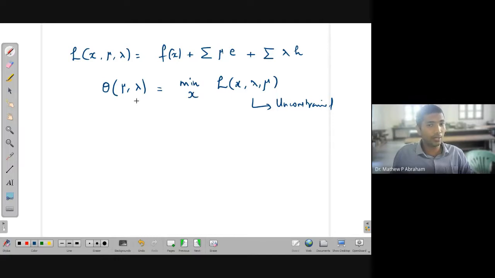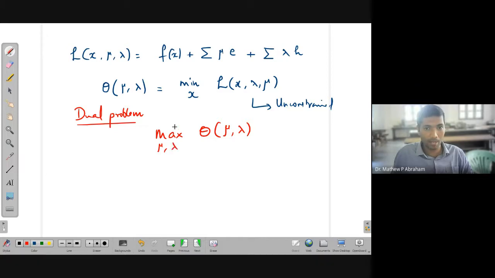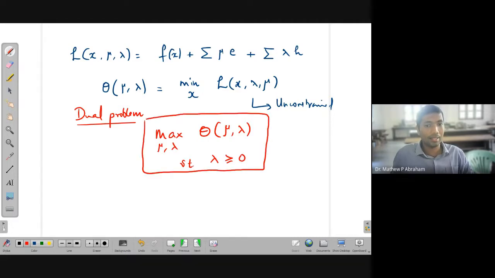What you will obtain is this theta, and then the dual problem is given by the maximization of theta, which is the objective function of the dual problem, with the variables being mu and lambda, the dual variables, subject to the condition that we require lambda, the Lagrange multiplier corresponding to inequality constraints, to be greater than or equal to 0. So this is the dual problem.